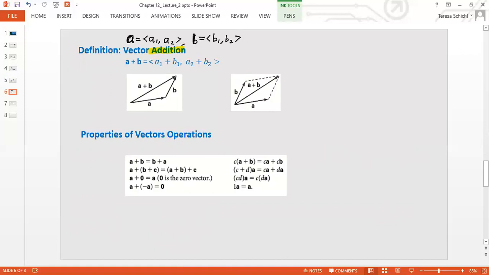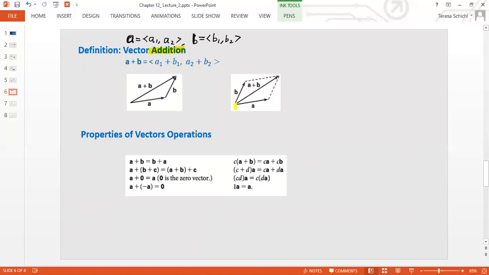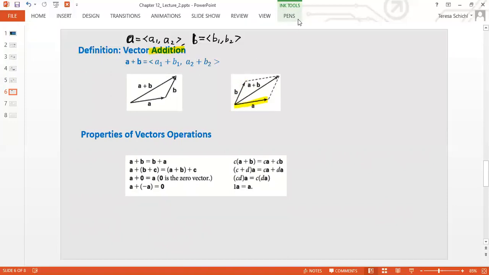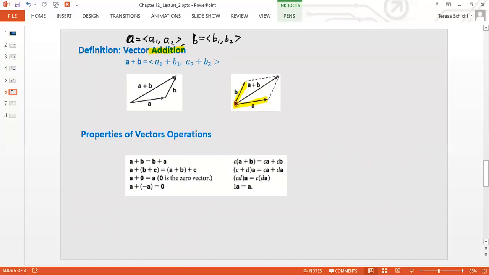And then from the graphing point of view, it's very important. Take a look at this here. The A and the B, if you put their initial points at the same point, that means this is where both A and B start.